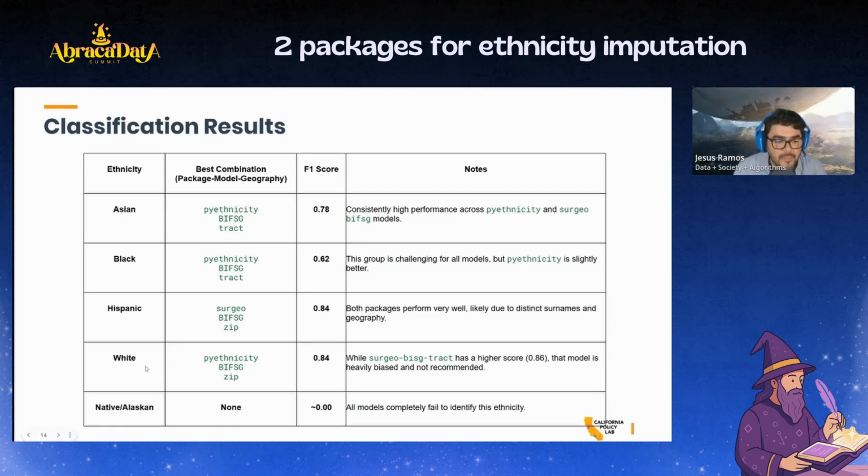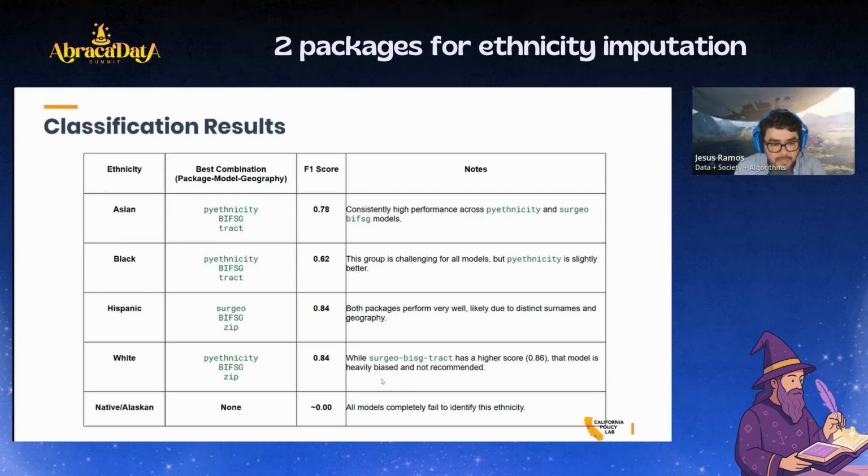And then we have the white ethnicity. The BIFSG model implemented by the Pi ethnicity package, using zip code, performed way better to identify people self-identifying as white. Now, this is something to note. The Sergio package implementing the BISG model without the first name and using tract has a higher score of 0.86.